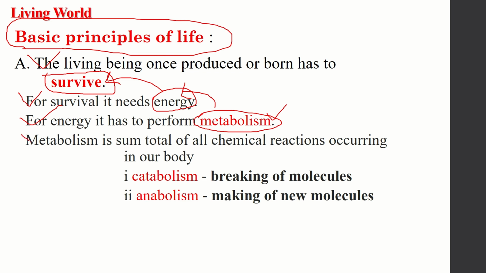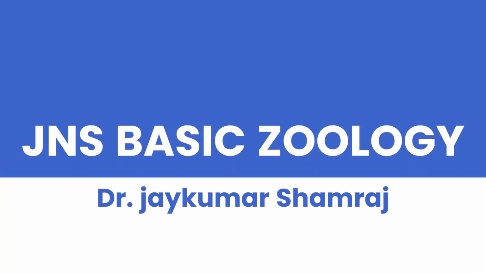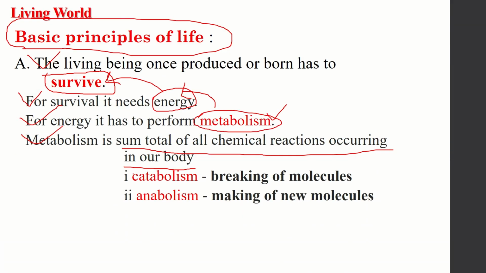Metabolism is the sum total of all chemical reactions occurring in our body. Metabolism means the sum total of all chemical reactions occurring in the body of the living being. This metabolism has two steps, catabolism and anabolism. Catabolism means breaking of complex molecules into simple ones.